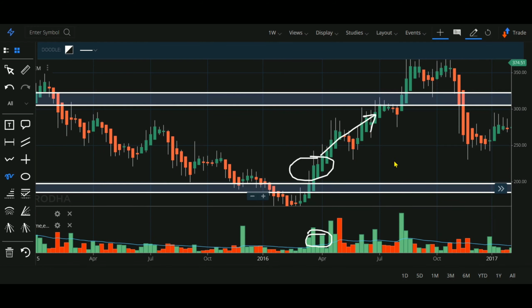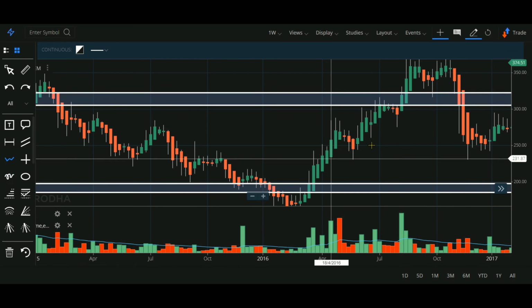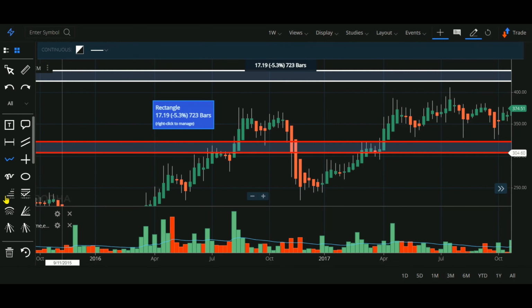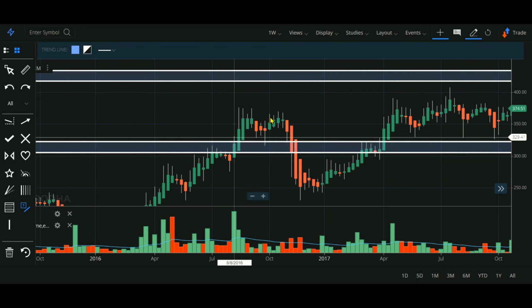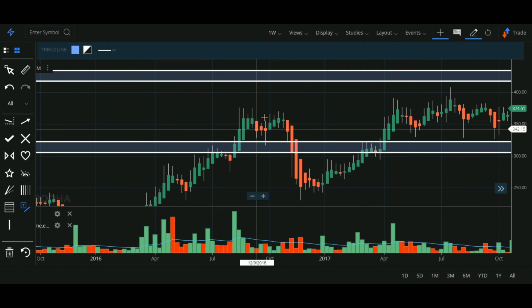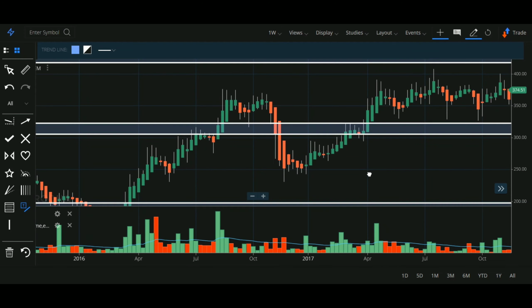Again you take a buy trade, and see how it has performed. And there's a breakout over here as well. You can take at least 12 to 13% over here as well.